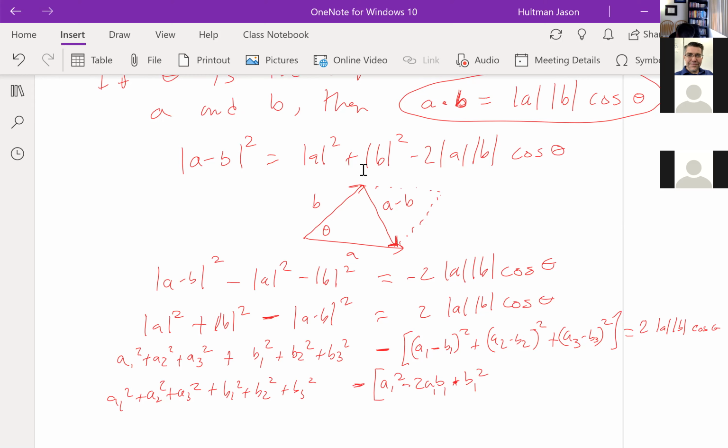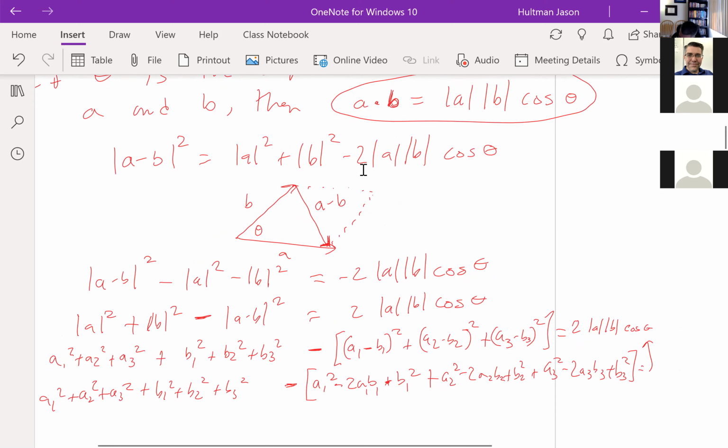Then plus A2 squared minus 2 A2 B2 plus B2 squared. And then plus A3 squared minus 2 A3 B3 plus B3 squared. And that equals this thing above, 2 times the absolute value of A, absolute value of B, cosine of theta.